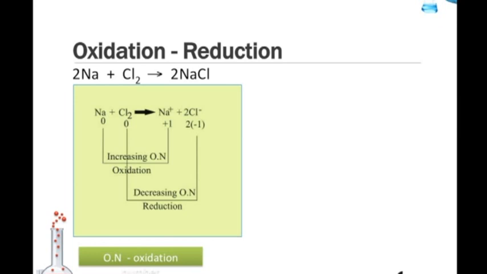That's because it has 1 fewer electron than it normally would. The chlorine has an oxidation number of 0, and after the reaction, it has an oxidation number of -1. The sodium in this case has increased in oxidation number, which indicates that it has been oxidized. The chlorine has decreased in oxidation number, which indicates that it has been reduced.